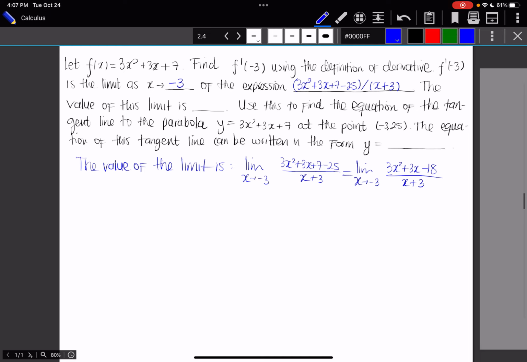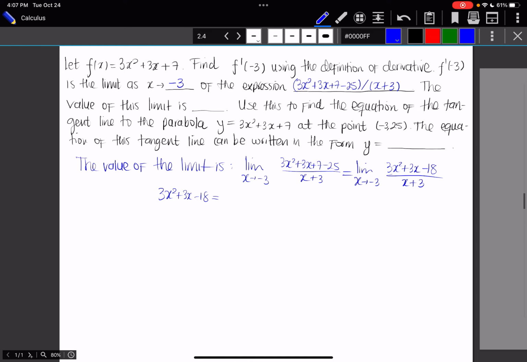But because we have a 0/0 when we make x equal to -3, that suggests that we can simplify the expression. So let's factor out the quadratic. We can write 3x squared plus 3x minus 18 in terms of x plus 3.